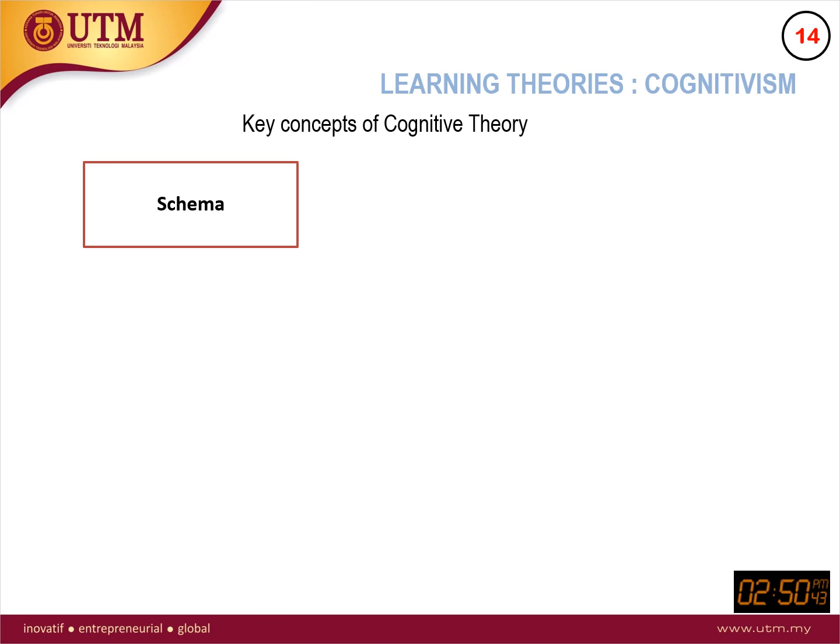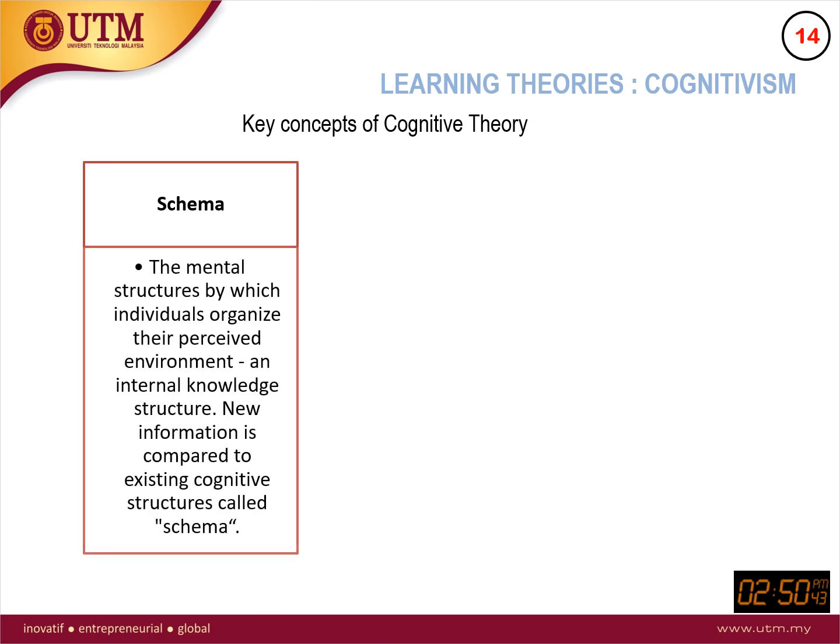understanding or cognitive structure. To give you an example, let's say we have a child who just started to walk, and now when he walks, he wants to pick up anything from the floor. Let's say it's a pen.